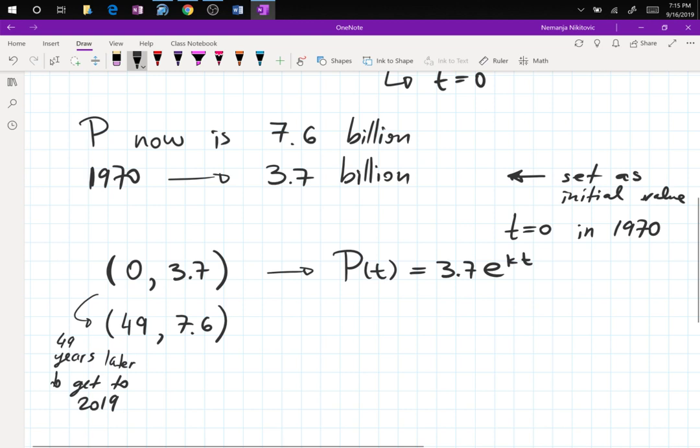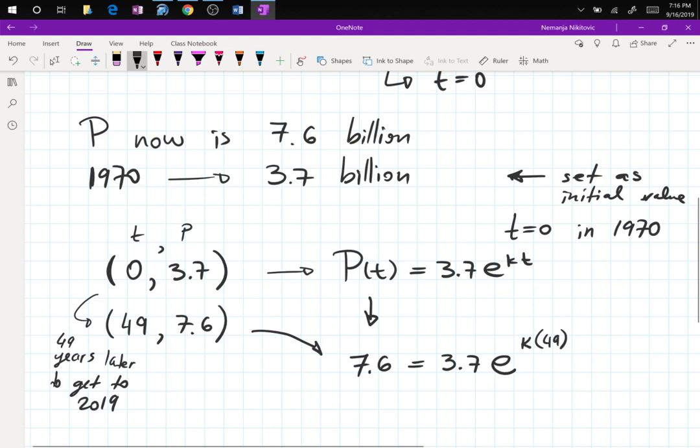So now we use that information to write that 7.6 billion grew from 3.7 billion, e to the unknown constant k times 49 years of population growth. So I plug in these t, P points, right? T for time and P for population.